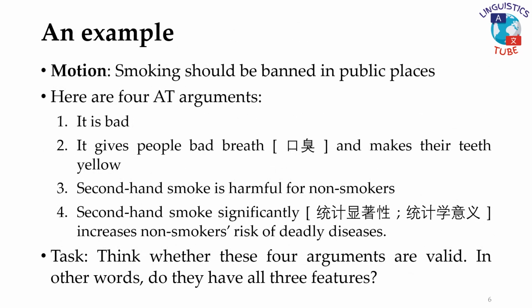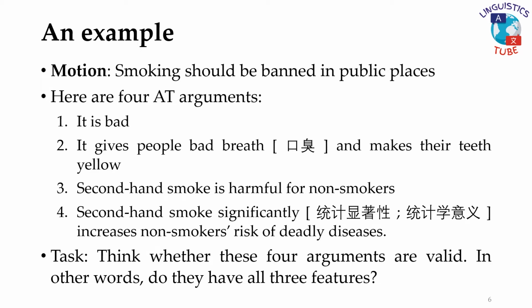Let's look at an example. Here are 4 arguments, or reasons to support the motion, smoking should be banned in public places. Therefore, these are the affirmative team's main arguments. Firstly, smoking should be banned in public places because it is bad.